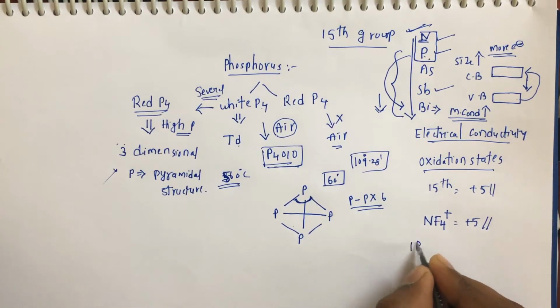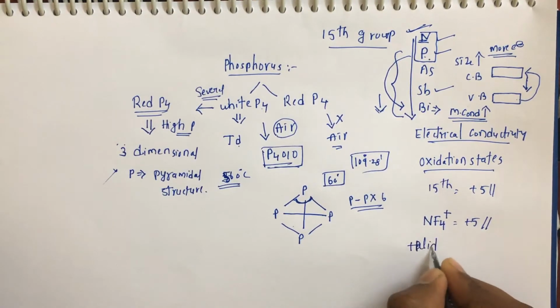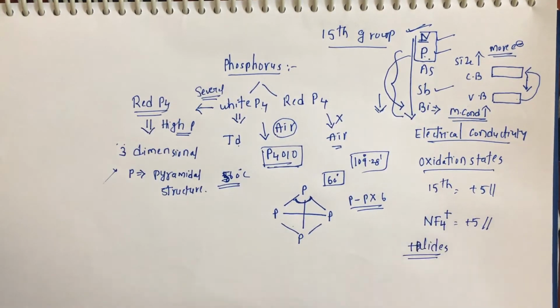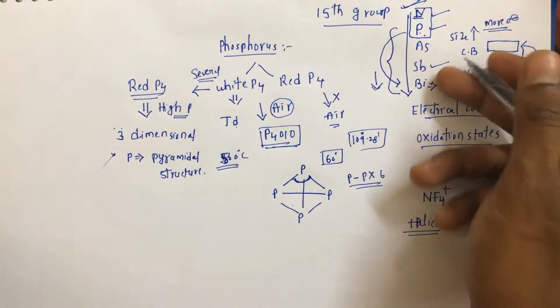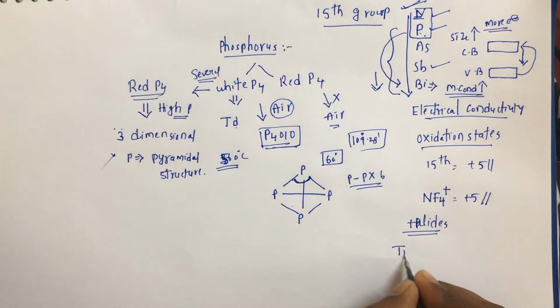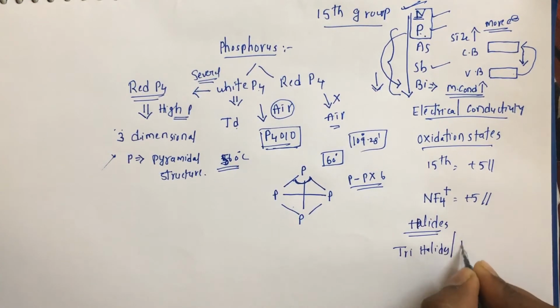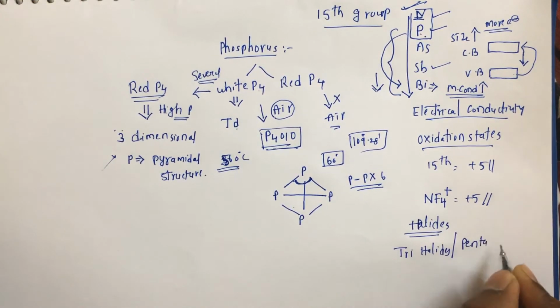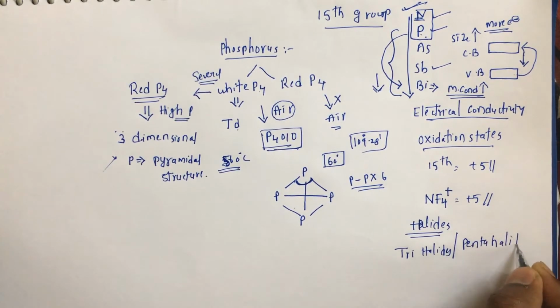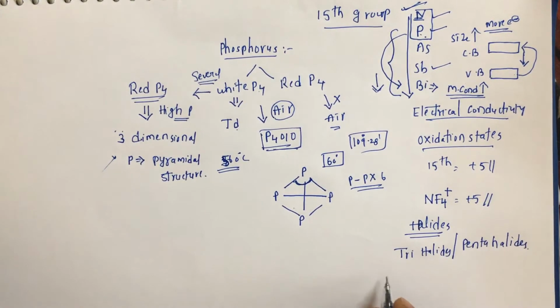The next thing is halides. All these elements form trihalides and pentahalides.